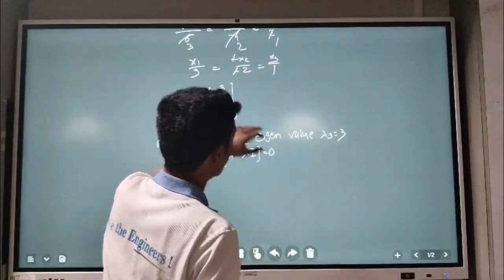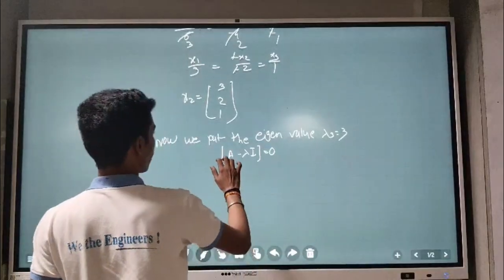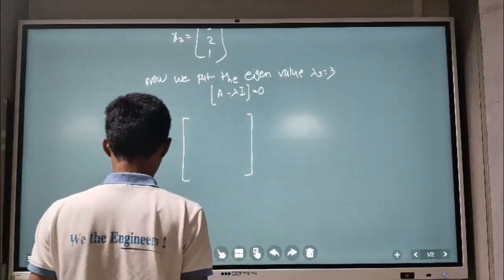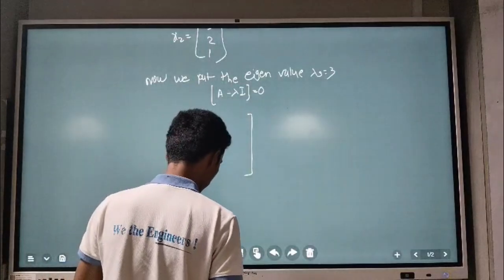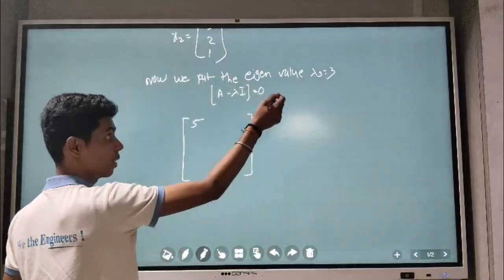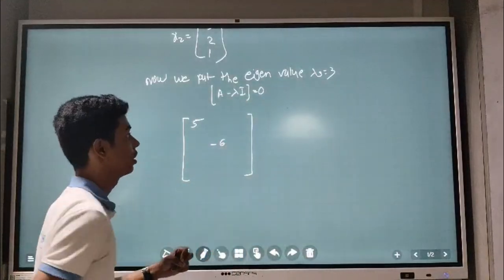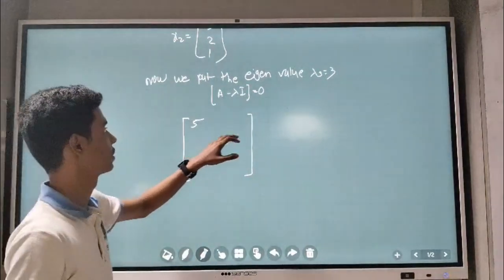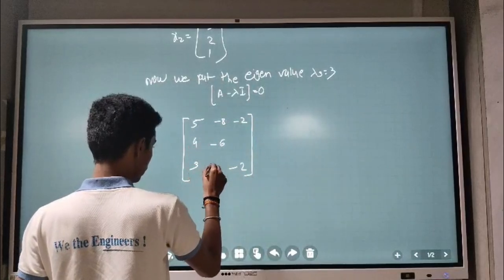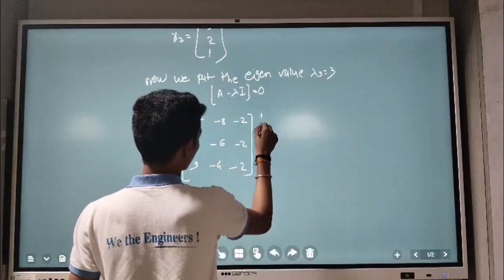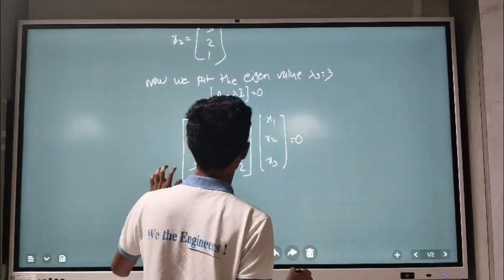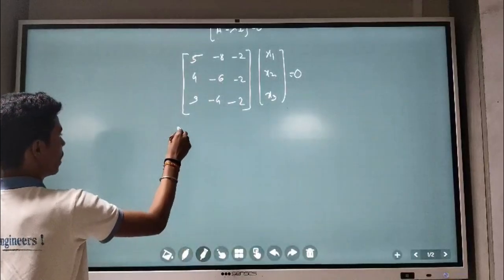Then we subtract 3 from the diagonal elements of the given matrix, so we get the matrix: 8 minus 3 is 5, minus 3 minus 3 is minus 6, and 1 minus 3 is minus 2, then 4, 3, 4, and this side we have x1, x2 and x3 equal to 0. Then we use the same Cramer's rule.